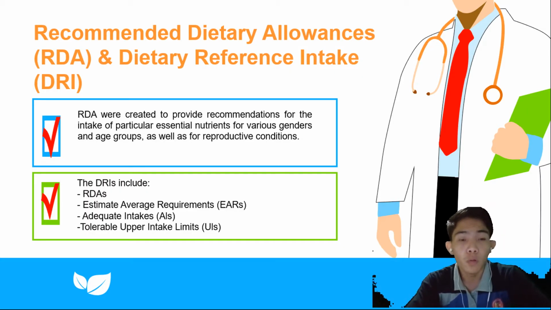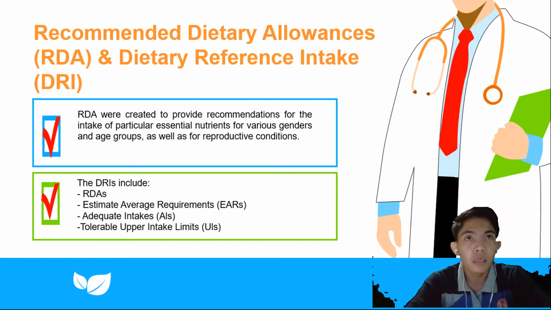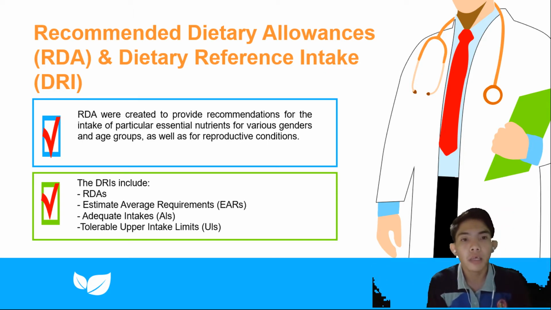Okay, we move to the next slide, which is recommended dietary allowance and dietary reference intake (DRI). Recommended dietary allowance can be defined as a level of intake of essential nutrients considered, in the judgment of the Food and Nutrition Board on the basis of available scientific knowledge, to be adequate to meet the nutritional needs of practically all healthy persons.